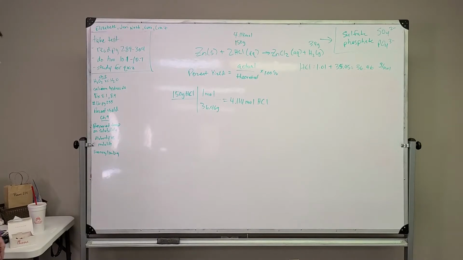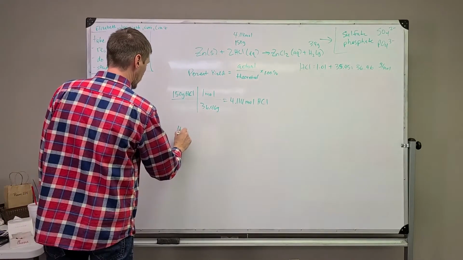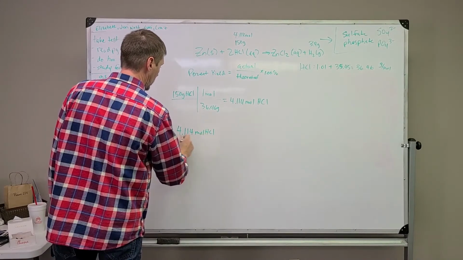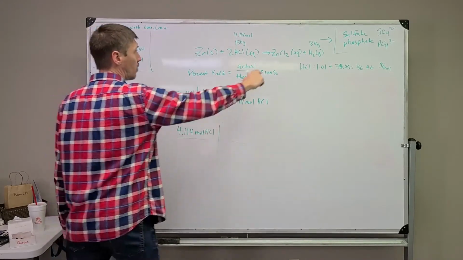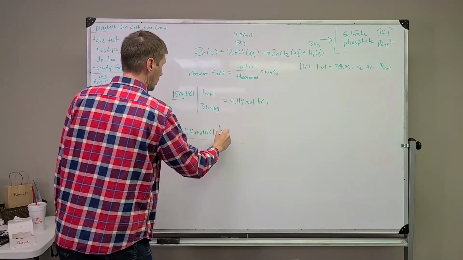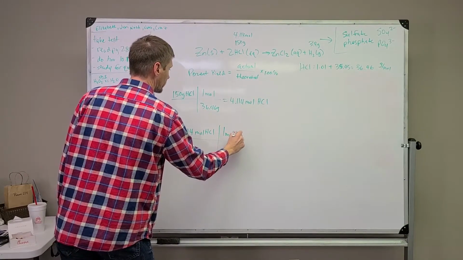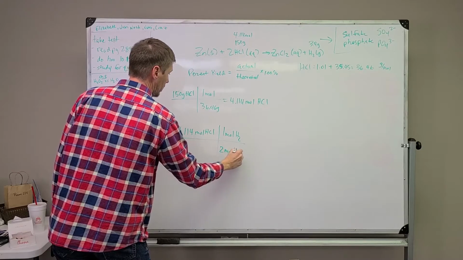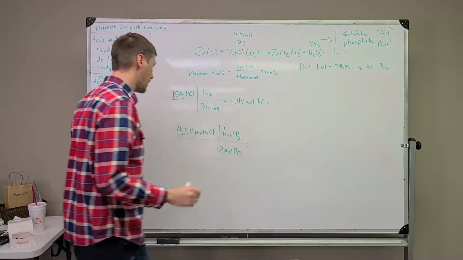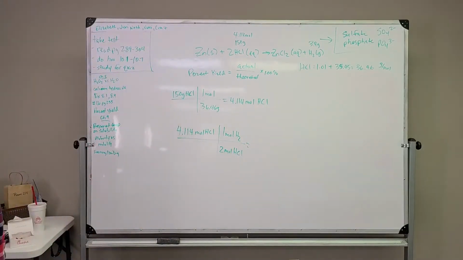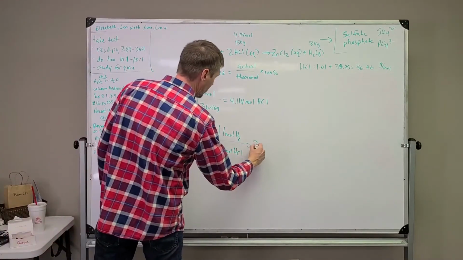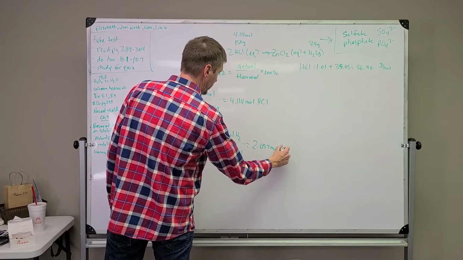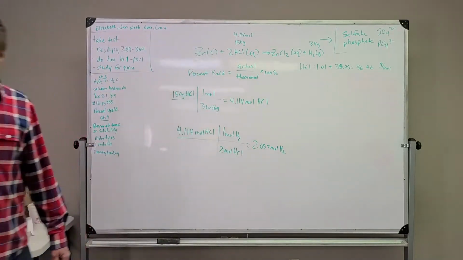The way that we figure that out is using stoichiometry. 4.114 moles of HCl. We know that for every 1 mole of H2, we have 2 moles of HCl. So basically it'll be half that, and so that is 2.057 moles of H2. We're almost done.